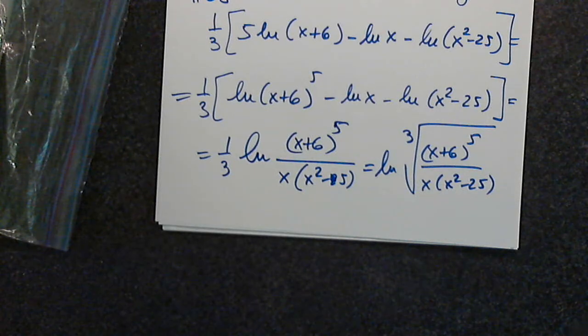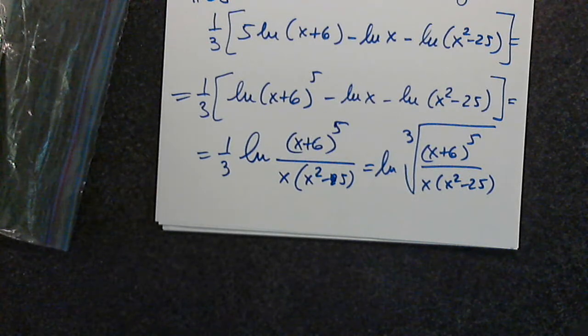Would it add them? No, there is no addition. I think I know what you're asking. If you want to use the product rule, you would have to factor out -1 from these two. Change it into natural log x times x squared minus 25, and then have the difference and put that in the denominator. I'm trying to avoid that because you would have to factor out -1.